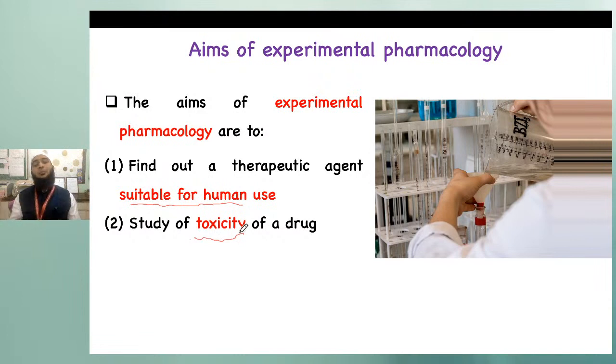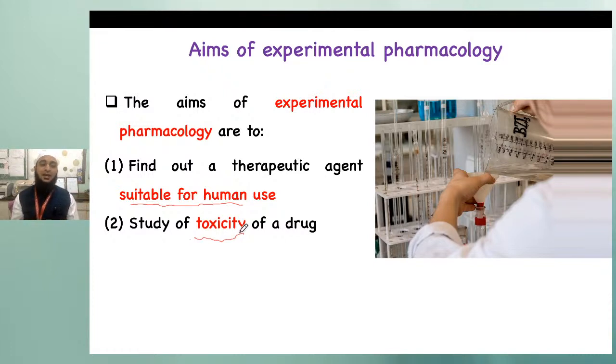It all depends upon the dose. For example, digitalis is cardiotonic in nature, so you use it in case of a weak heart. But if you slightly increase the dose of digitalis, it produces cardiac arrest. So the same person who is getting strength from digitalis may die due to digitalis if you increase the dose, right? That is the reason the study of toxicity of a drug is important.